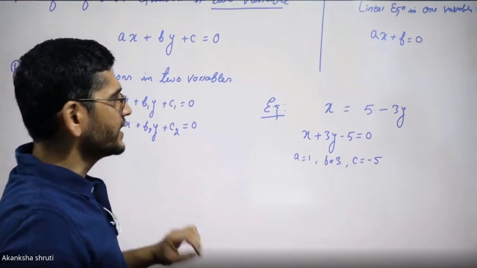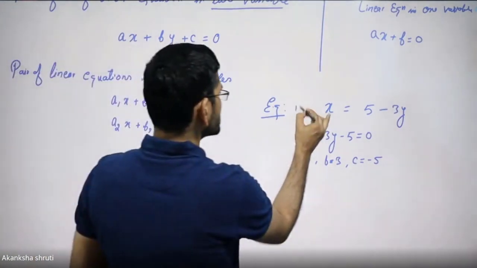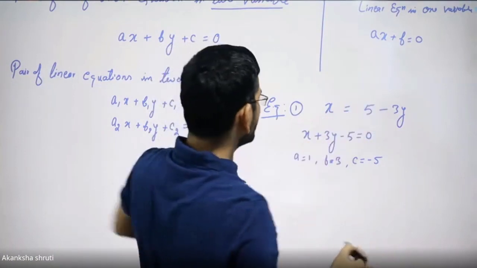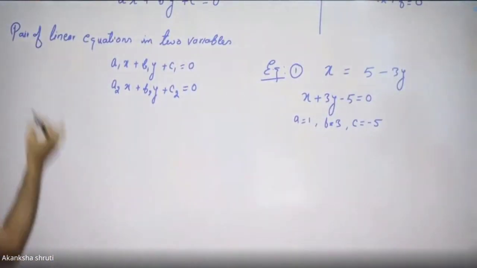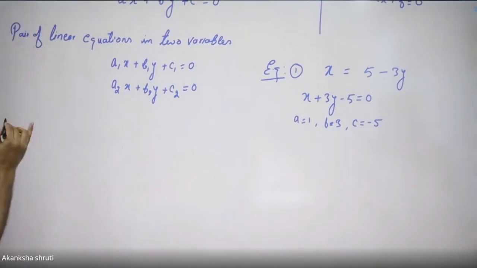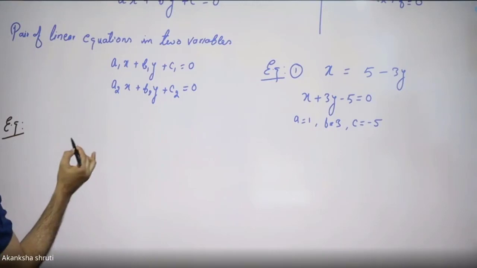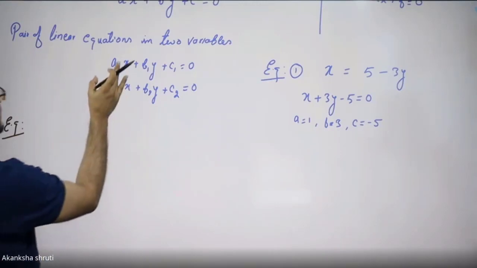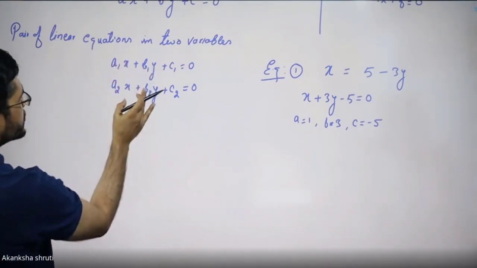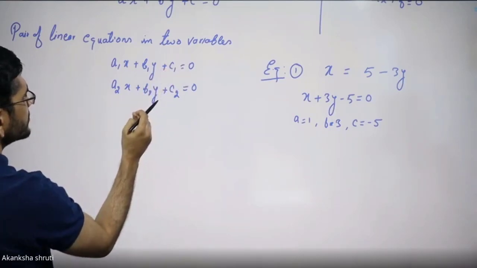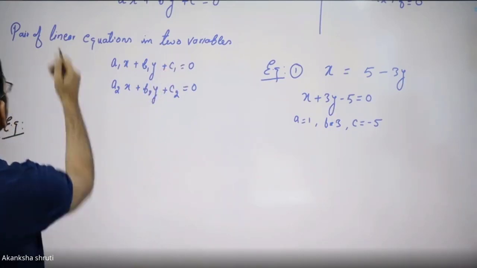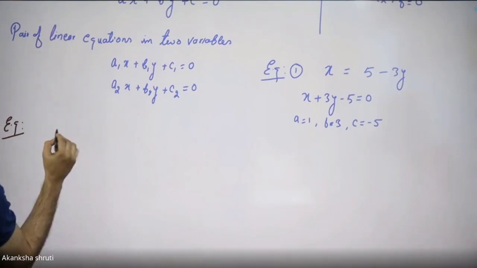Student, if we have two such linear equations, let me take one example here. We want to write the coefficients like a1, a2, b1, b2 and constant terms c1, c2 for these linear equations in two variables.